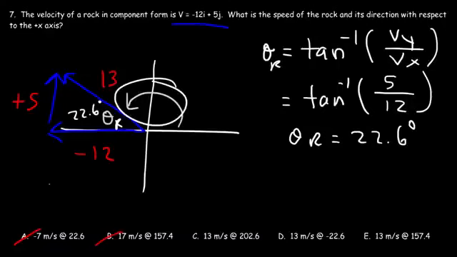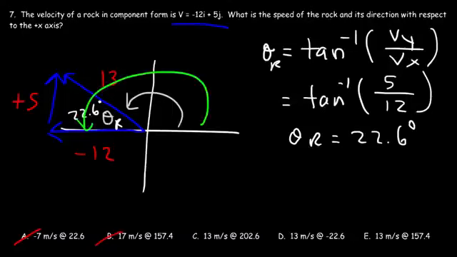However, we need to find this angle. Now, this measure is 180. That's basically the angle of a straight line. So we need to find this angle, which is 180 less 22.6. So if we take 180 minus 22.6, that angle is going to be 157.4.